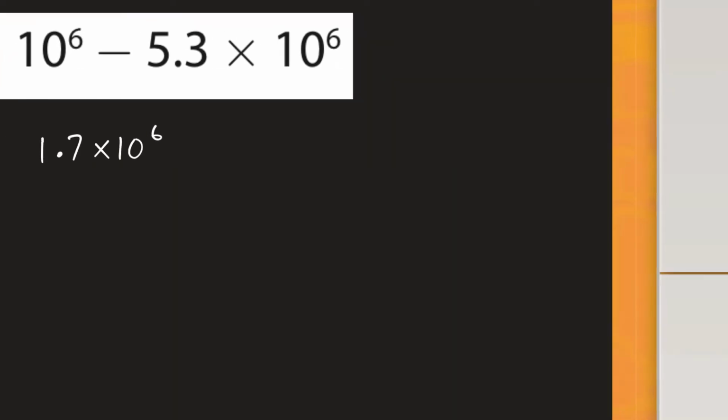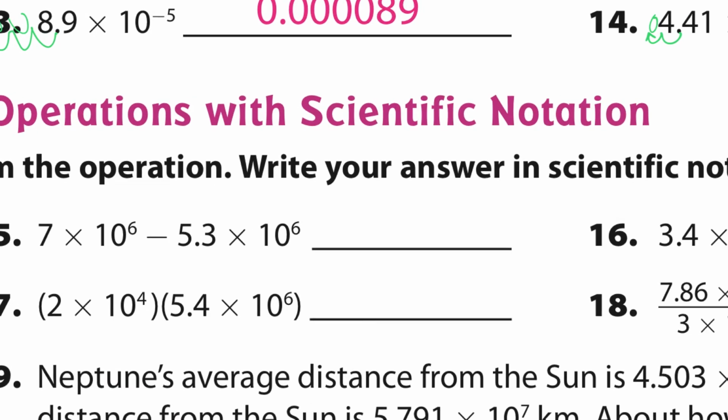So we're going to do 7 minus 5.3. That's the first thing. So 7 minus 5.3, that's 1.7. And then times 10 to the 6, because that 6 is the same exponent on both of those. So that's what I think it is. Let's see if I'm right. So 1.7 times 10 to the 6.